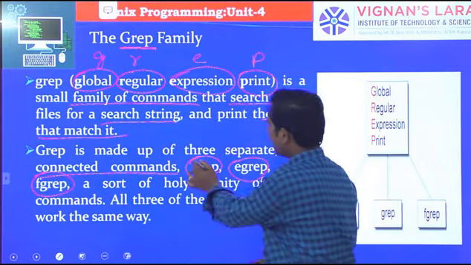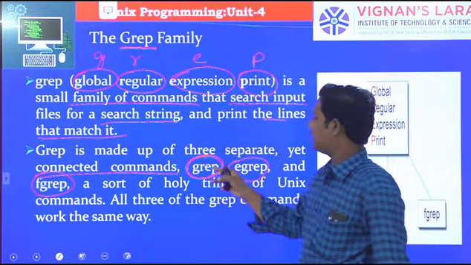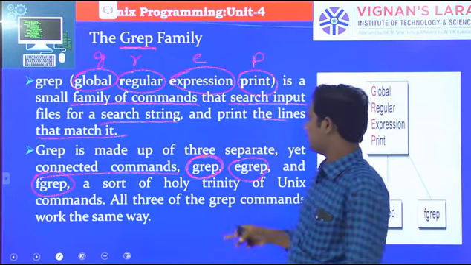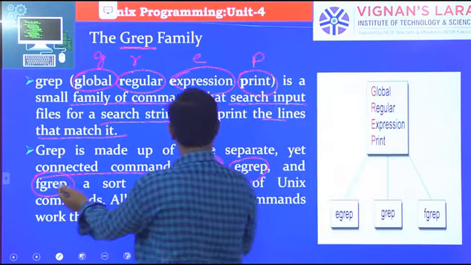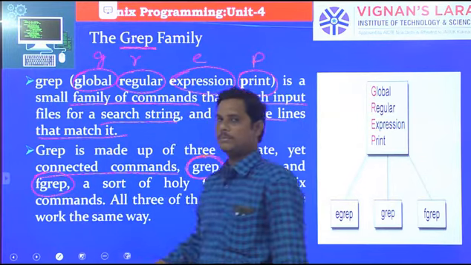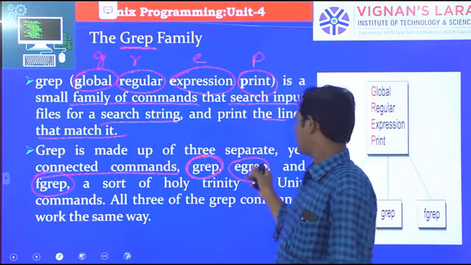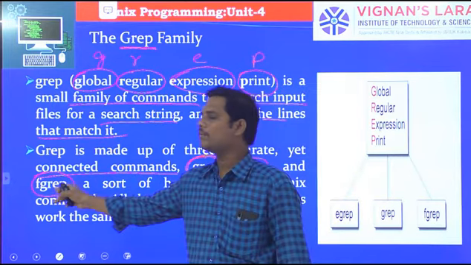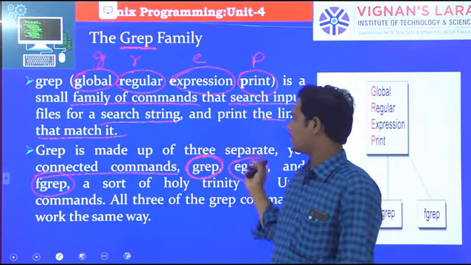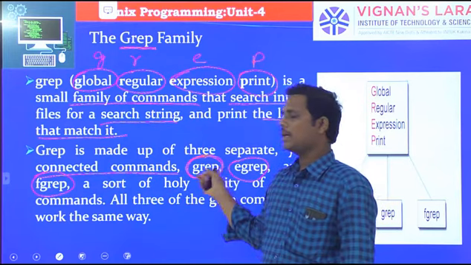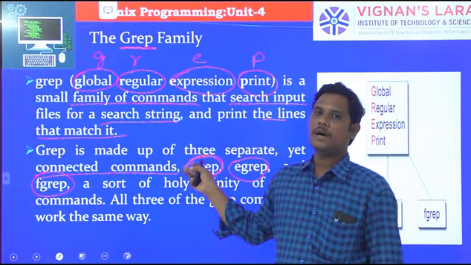Whatever options are provided to the grep command, the same options also apply to egrep and fgrep. So even if you are using egrep or fgrep, both follow the grep command options.